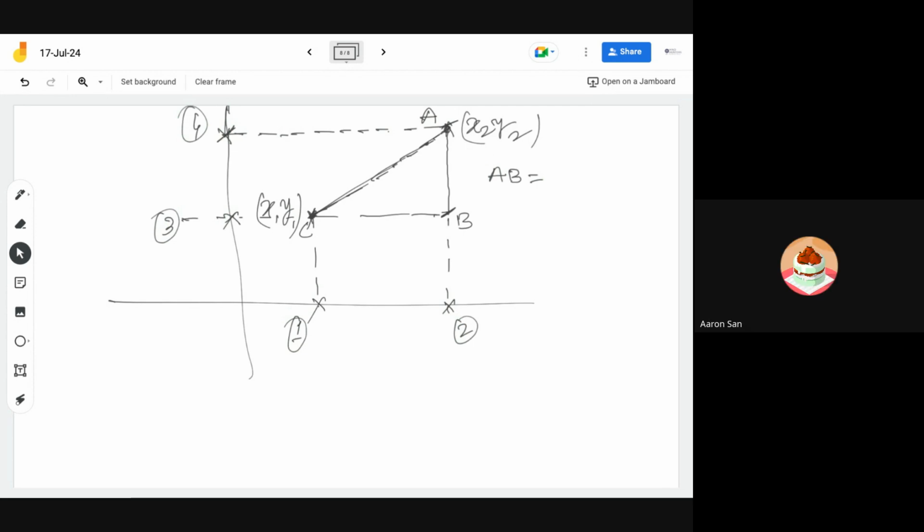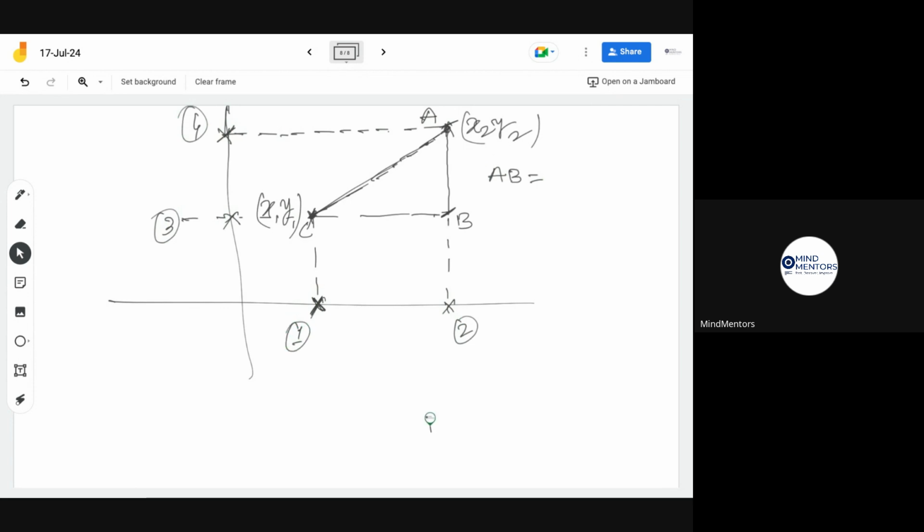Point C is 1, 3. Wait, what are you asking? I'm asking the coordinates of point 1, which is marked by this cross. A, let's call it A. These numbers are just the name.